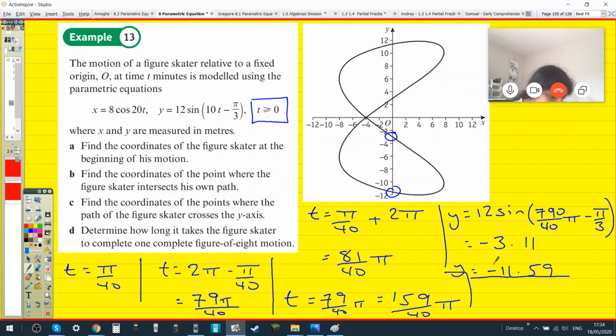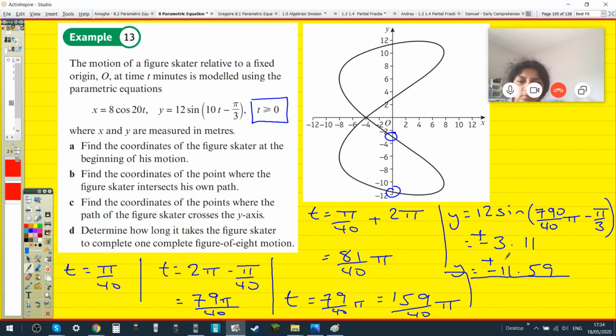And then 159 is minus 11.59 again. It's cosine, so it is symmetrical. Okay, so the other ones are 3.11 and 11.59.